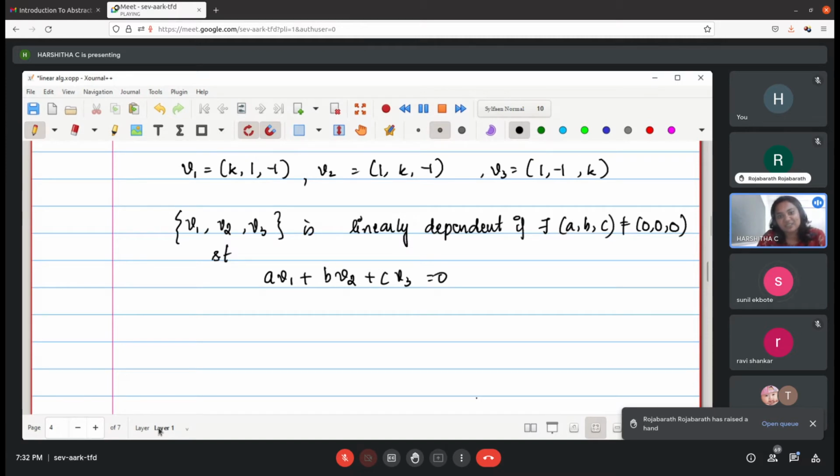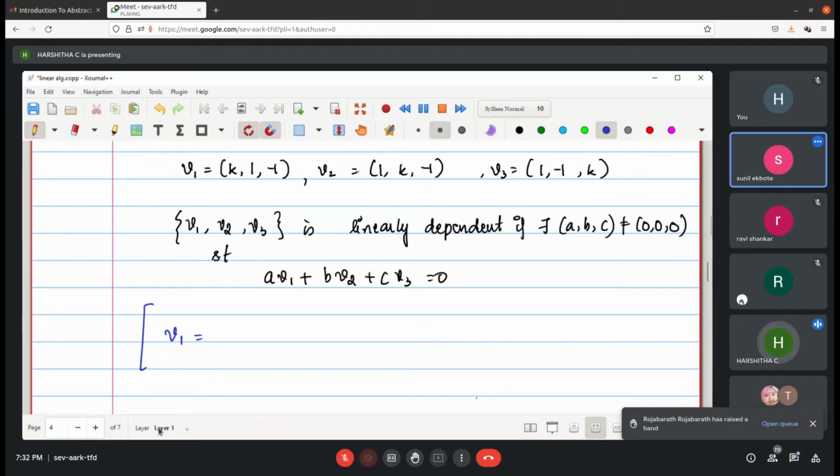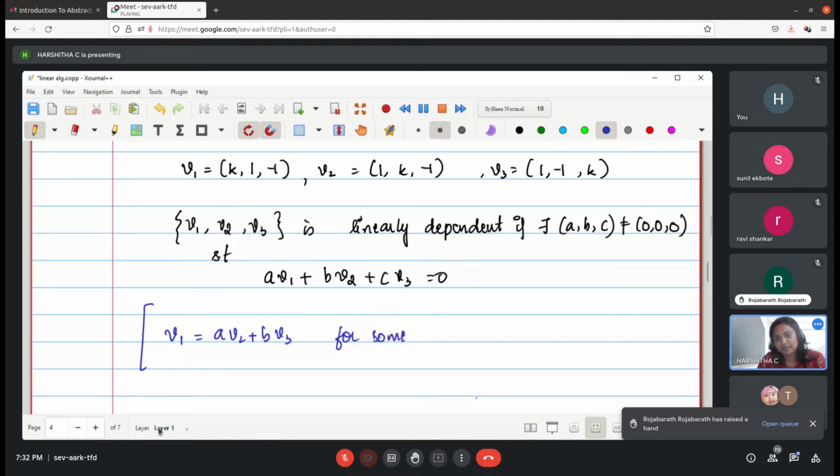So which one would you like to choose? There is a confusion there also, right? You don't know which one is a linear combination of the others. Any one vector out of it. You can take first also. So let's say v1 is equal to a v2 plus b v3 for some a and b.